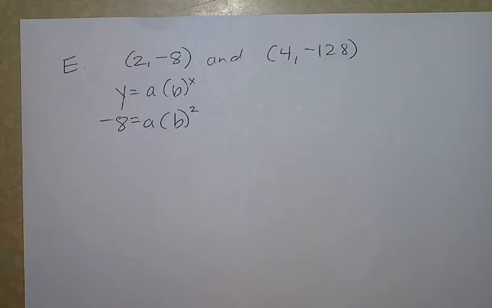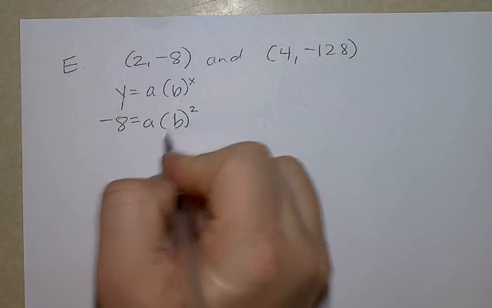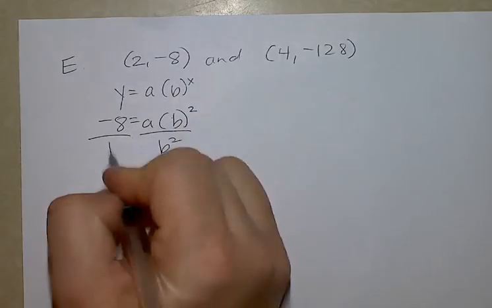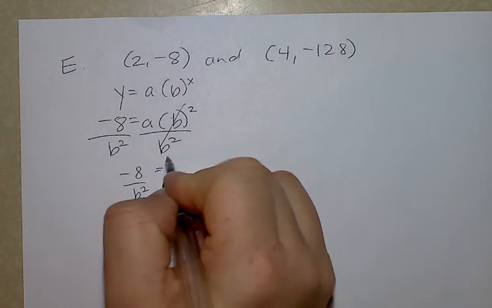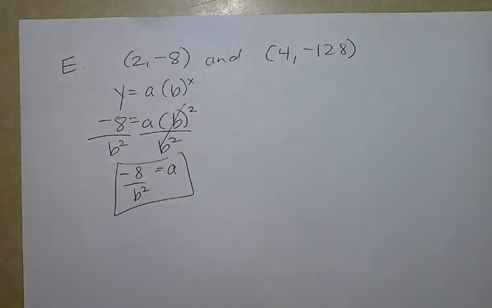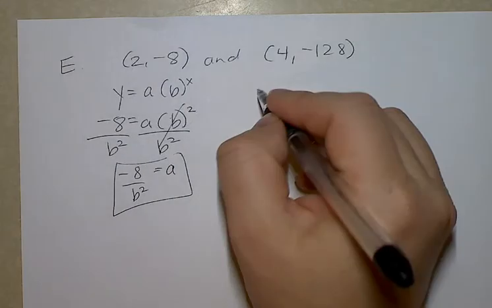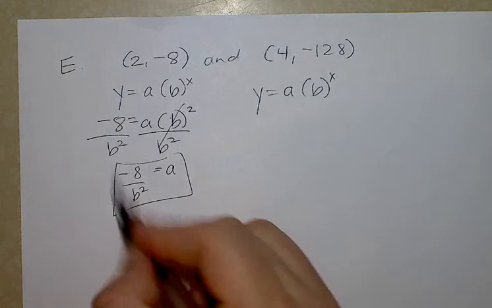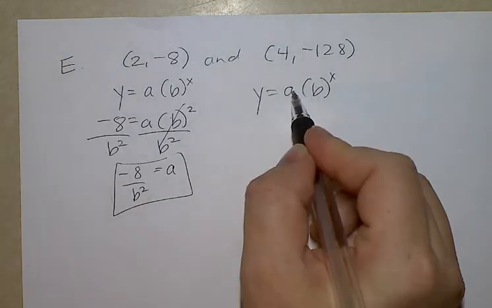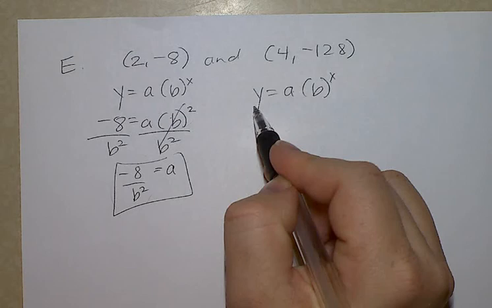Now I need to isolate the a. A is being multiplied by this quantity, so I'm going to divide by the same quantity. And when I rewrite this problem, I'm going to substitute this quantity in for a, 4 for x, and -128 for y.